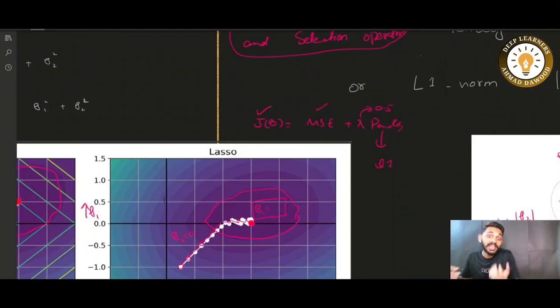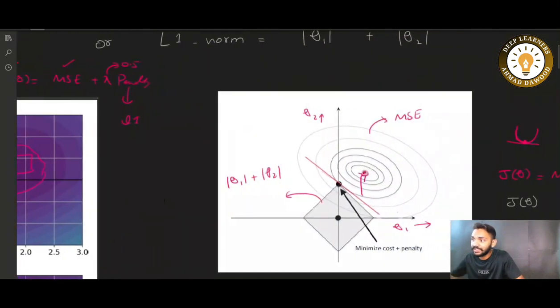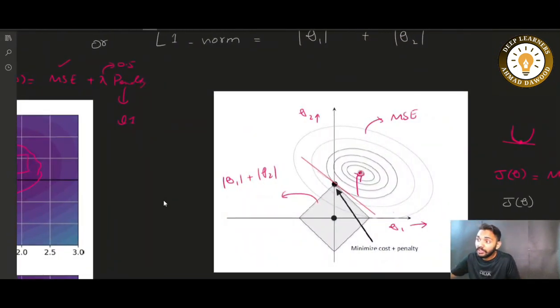Now you have seen that when you add some penalty to your error function, you are not actually getting the mean square error. Here you can see your actual minimum mean square error is this one, but when you have added some penalty you will get this as a minimum.